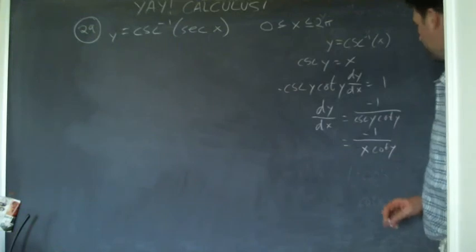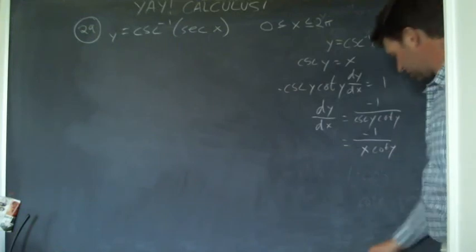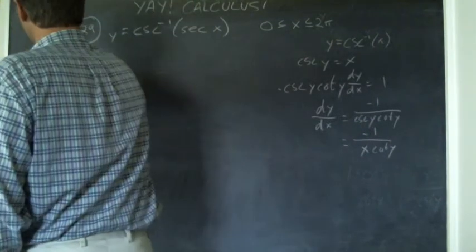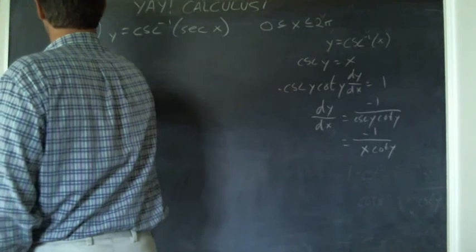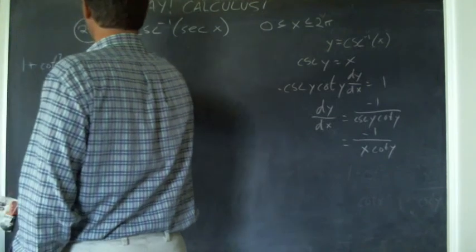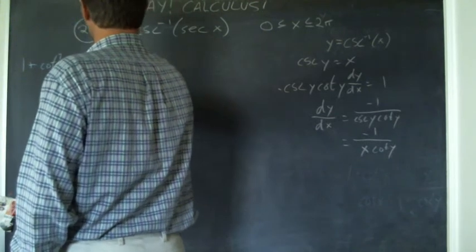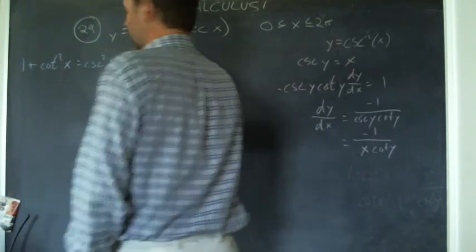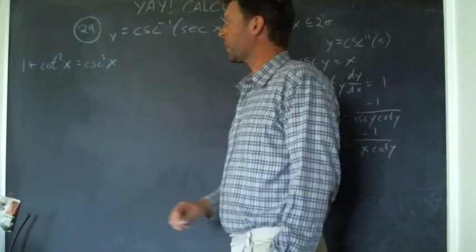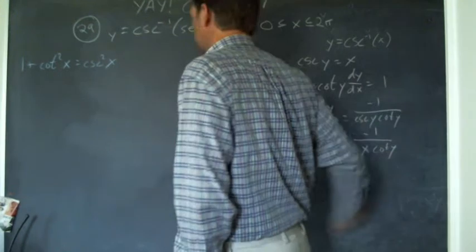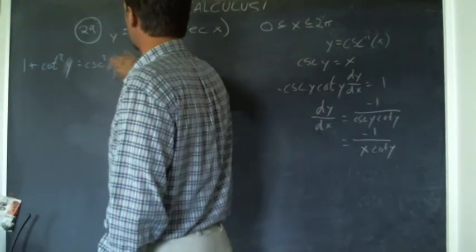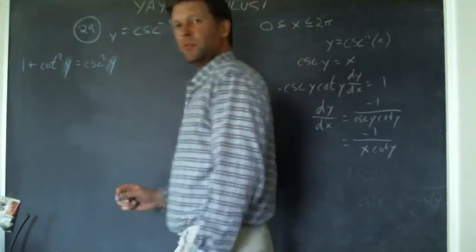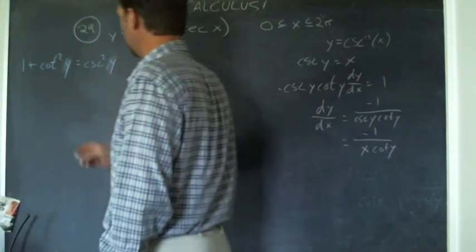Cotangent of y, in relationship to cosecant, have our usual bit where we have 1 plus the cotangent squared of x equals the cosecant squared of x. We'll solve out for cotangent. Well, we'll do this in y to make the relationship more visible.